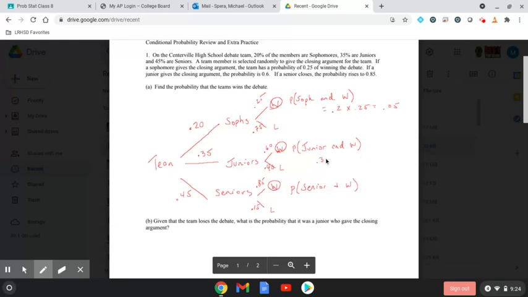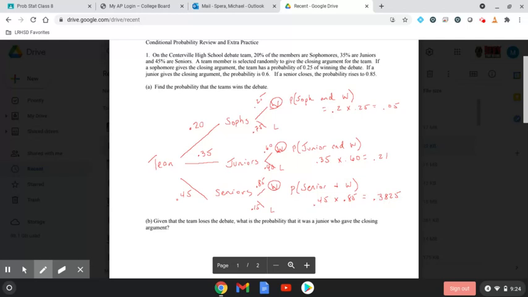So 0.35 times 0.6 is 0.21. And 0.45 times 0.85, first branch times the second branch, equals 0.3825.